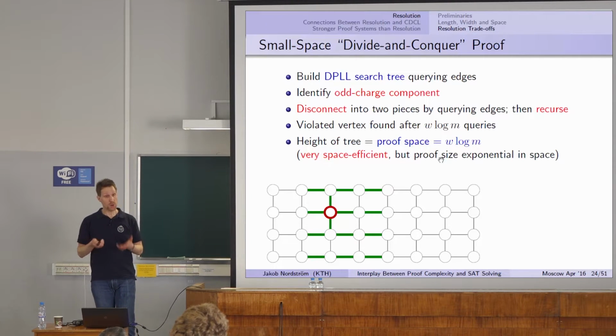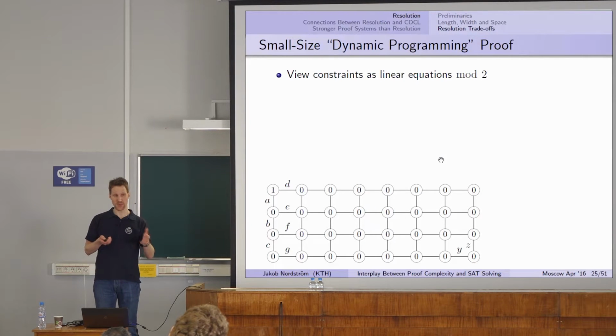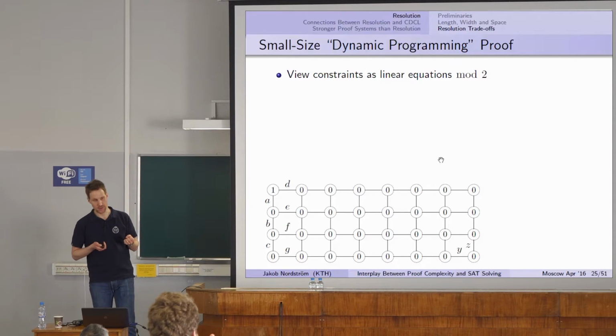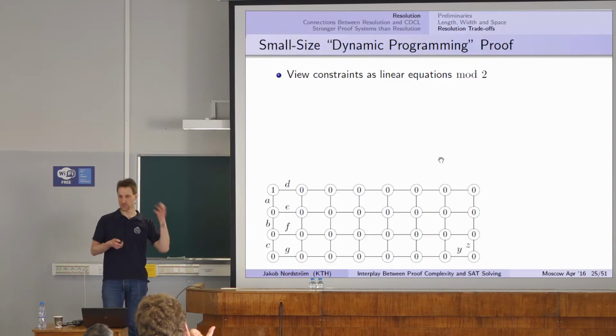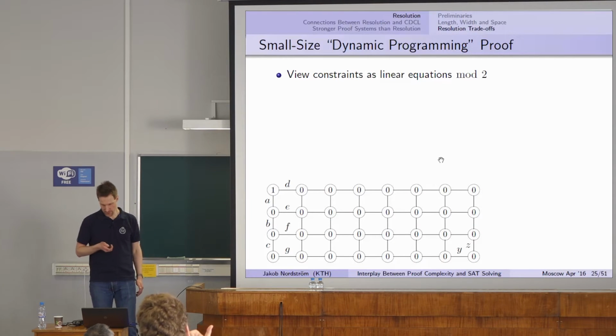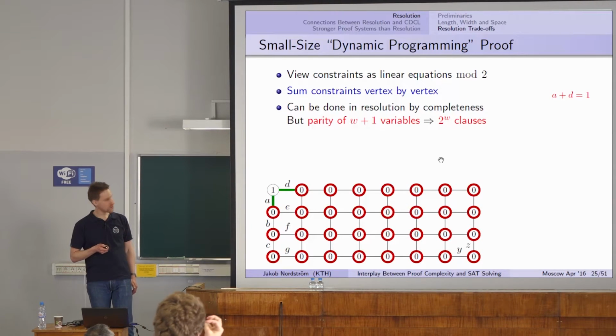Okay, suppose now that you don't care about space, and instead just want to be time efficient. What would you do? Well, you can do dynamic programming. These are really just linear constraints, and you can think of every vertex as being an equation, and just sum them up. Start with the first vertex.